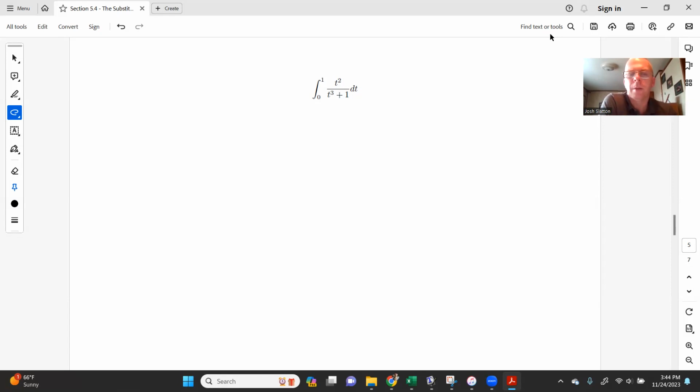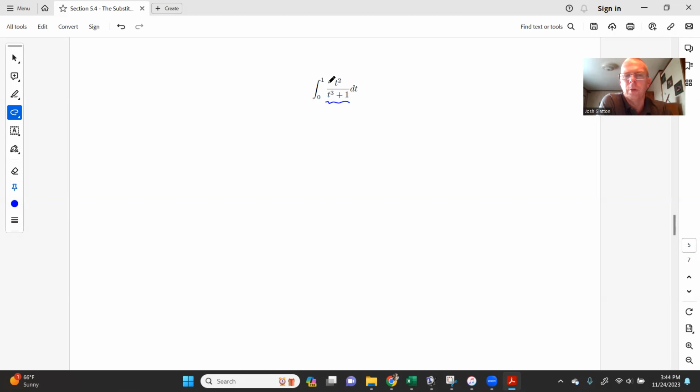So let's see what we mean by this. We have the integral from 0 to 1 of t squared over t cubed plus 1 dt. So like we said in the first video for these, the higher exponent function will be the u, and you take the derivative of t cubed and you get 3t squared.